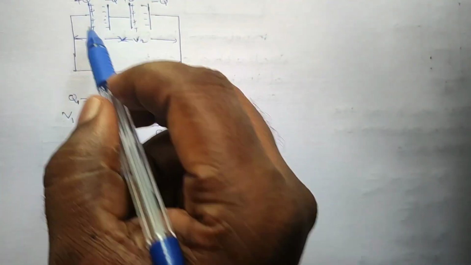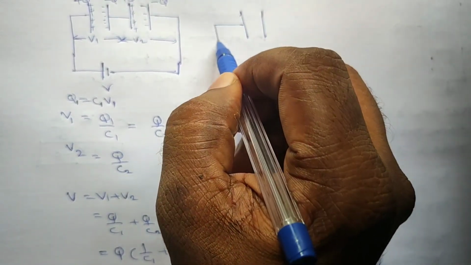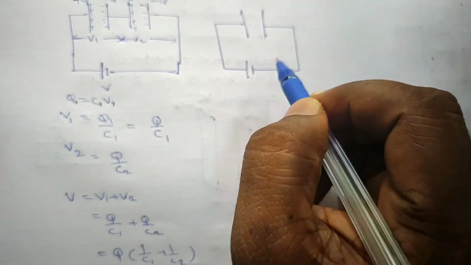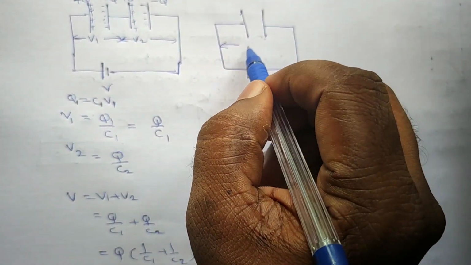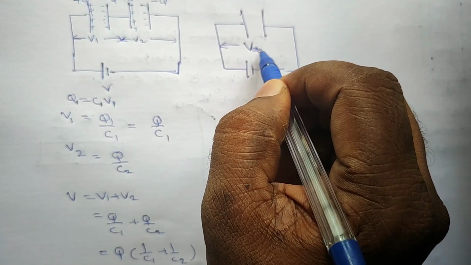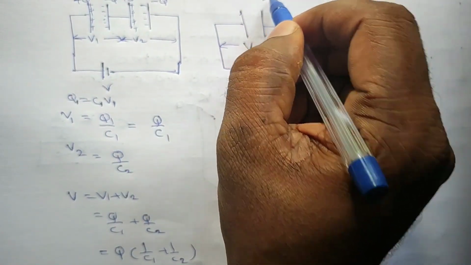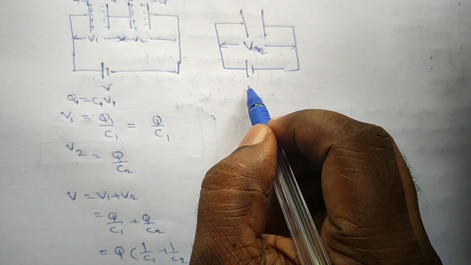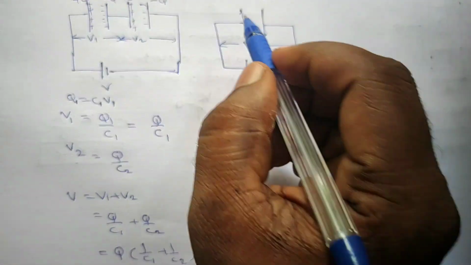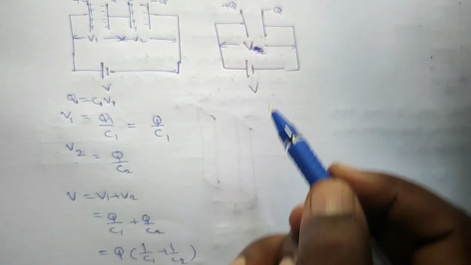If this entire system is considered as a single capacitor connected to a voltage source, with equivalent capacitance C equivalent and voltage V, what is the charge? It is plus Q and minus Q.